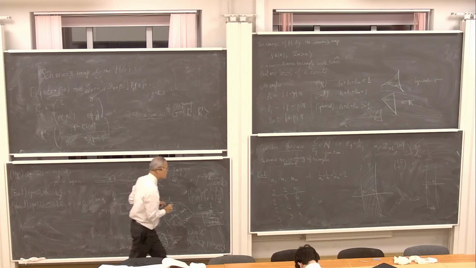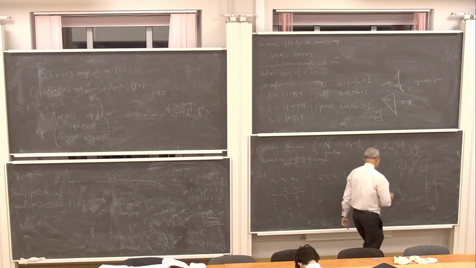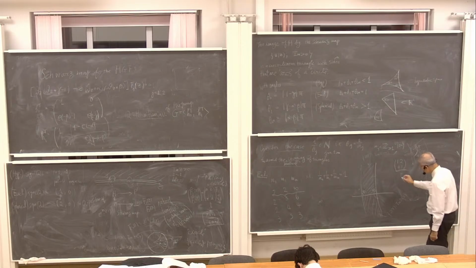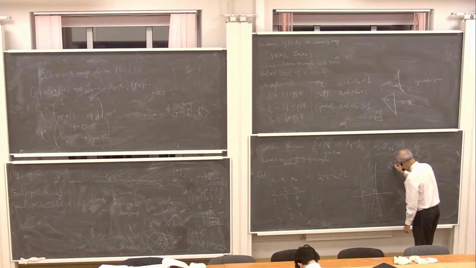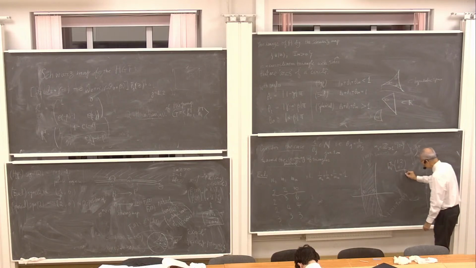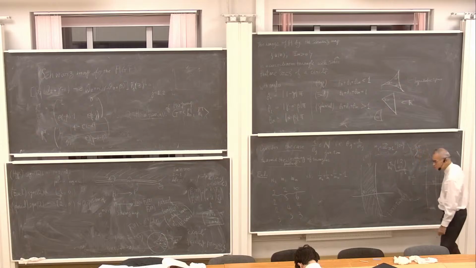So we have this monodromy action, and this will give us u plus 2 over 1, that is, u plus 2.